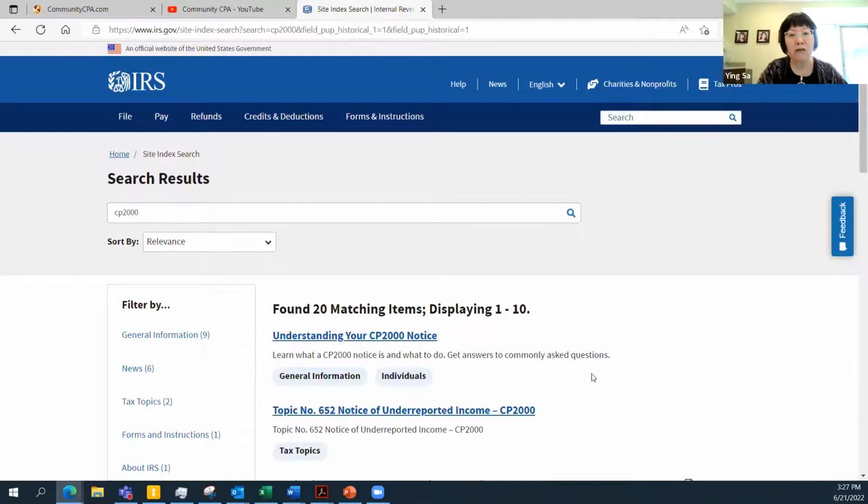So this is the function of the IRS, and of course, Community CPA works with the IRS so much day in, day out, so we truly understand how important their work is, and we also understand what kind of fear our taxpayers have towards that big machine. A lot of immigrants coming to the U.S., when they file their taxes for the first time, it is truly the first time they ever paid money to the government, because a lot of them come from corrupt governments.